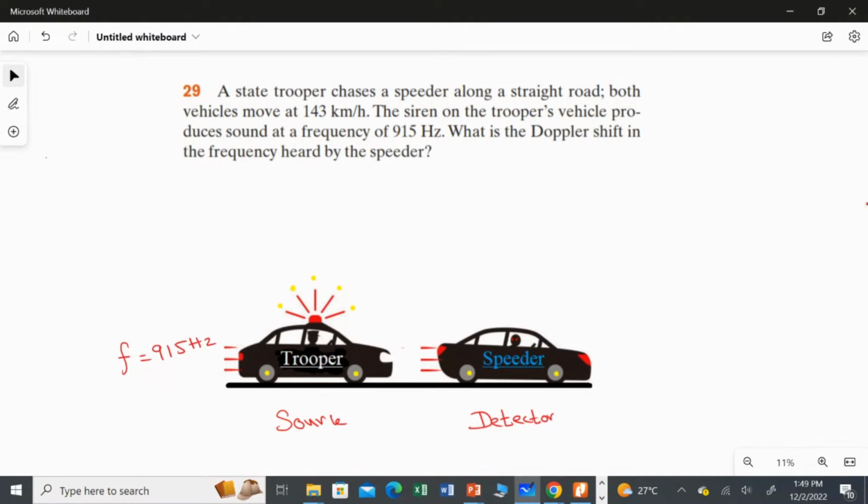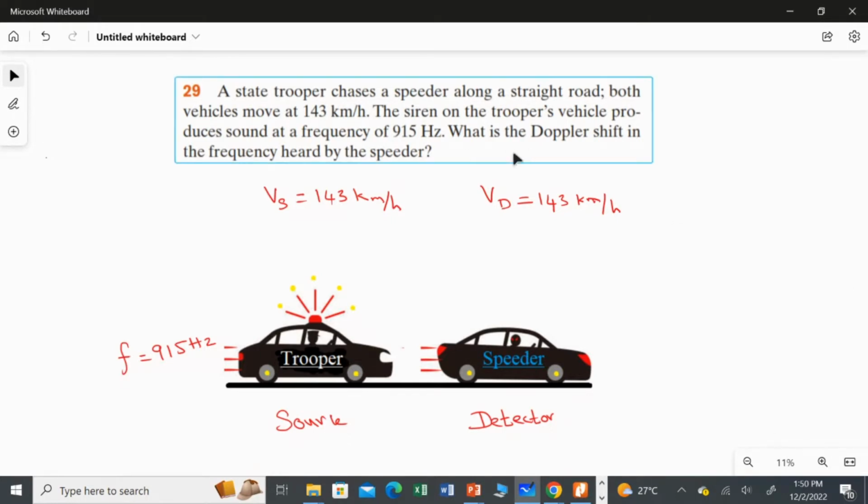And both vehicles move at the same speed. That means the speed of the source is 143 km per hour and the detector speed is also 143 km per hour. So we have to convert this kilometer per hour in terms of meter per second.